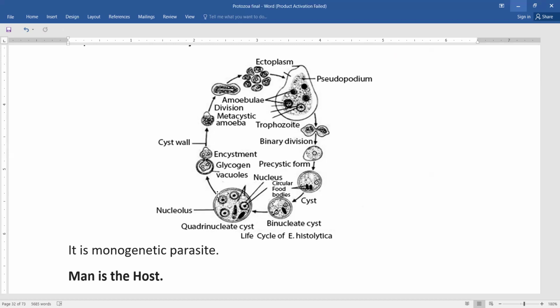This stage is the infective stage from one human being to another.